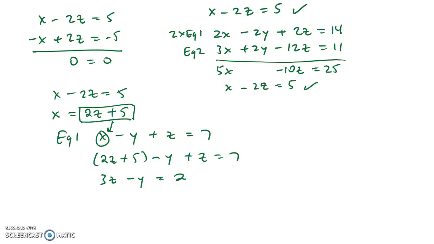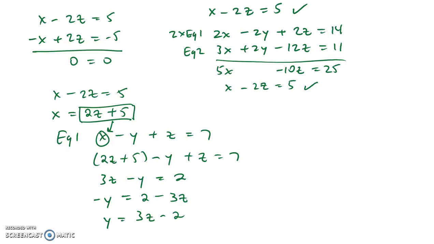If I subtract 3z from both sides, I obtain minus y equals 2 minus 3z. If I multiply through by -1, I then obtain y equals, let me write it as positive 3z minus 2.